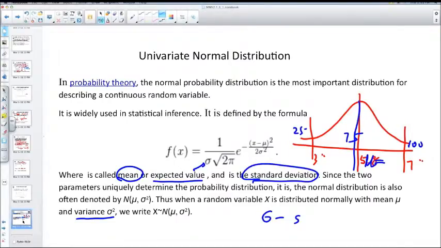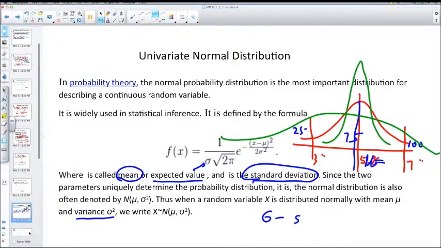And this deviation will tell you the distribution of the shape could be very concentrated around the mean, or could be spread very far away. It depends on the characteristic of the data set.